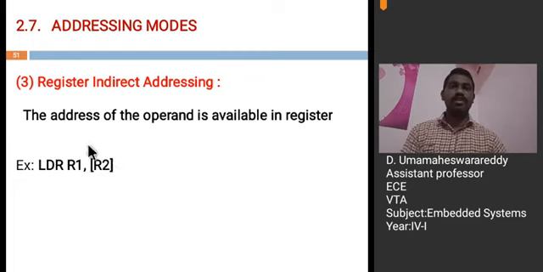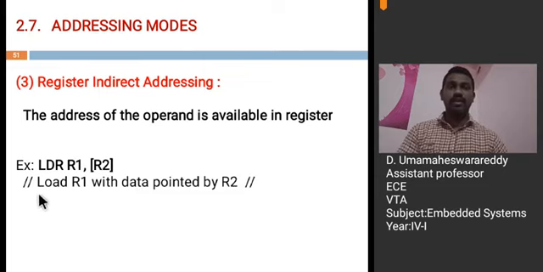It is called register indirect addressing. See here, these brackets indicate indirect addressing, and R2 holds the address of the data. So it fetches the data present in the address location held in R2, and loads the data into R1. That's the meaning of this instruction.